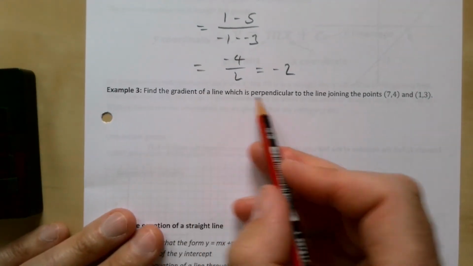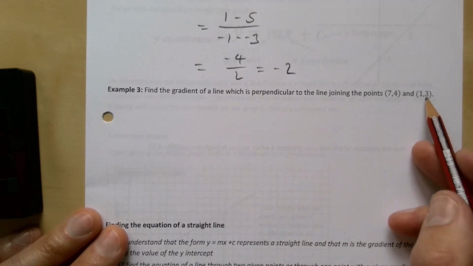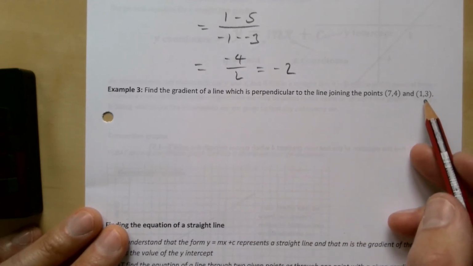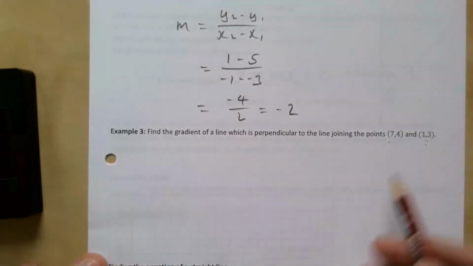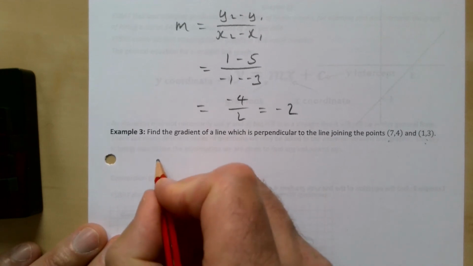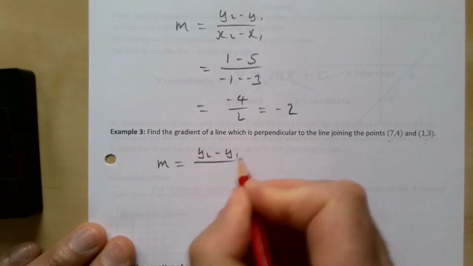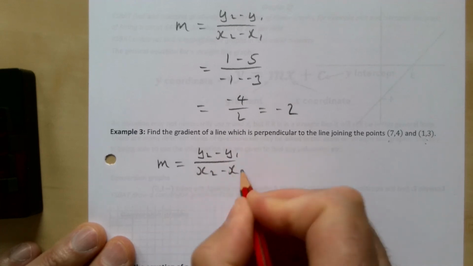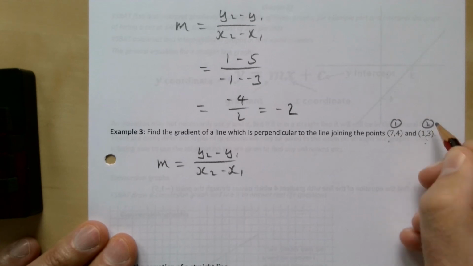Find the gradient of a line which is perpendicular to the line joining the points 7, 4 and 1, 3. So we need to find that the product of the gradients is -1, or the negative reciprocal, but we need to find the gradient here first. So we're just going to do exactly what we did in the previous example. So our m is y2 minus y1 all over x2 minus x1. I'm calling this coordinate 1, I'm calling this coordinate 2.